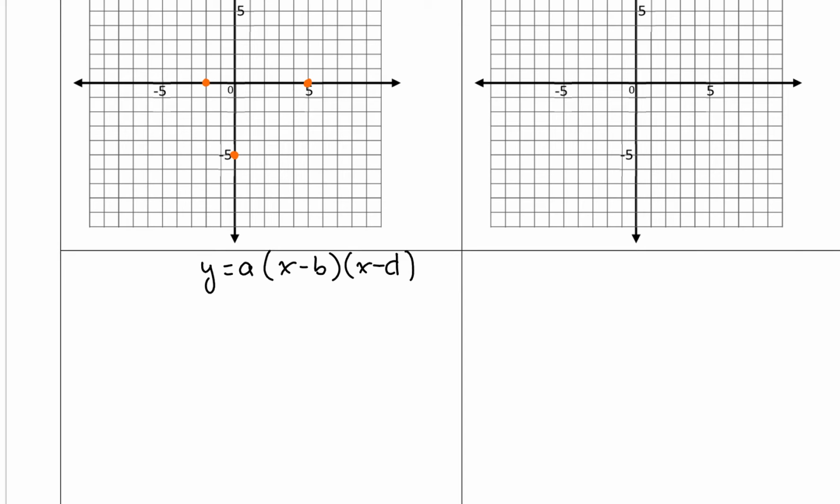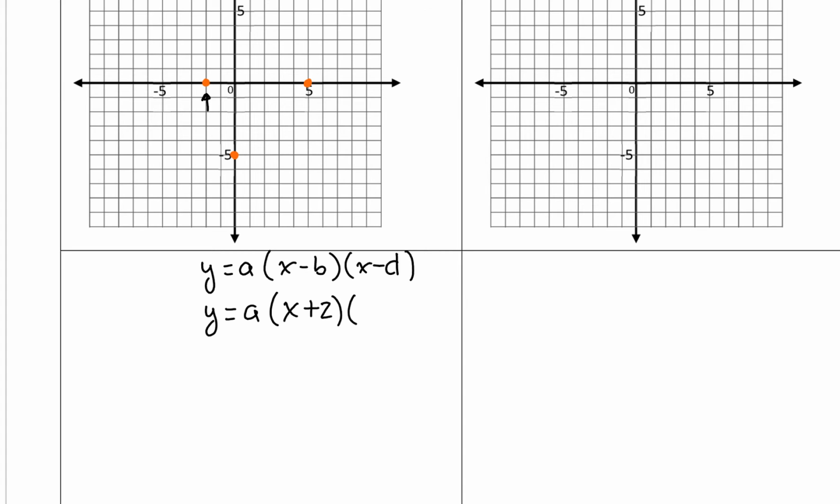I can plug in a lot of things pretty easily. I can write down y equals a, and I know one of my roots is at -2. So for this one, x is -2, so I'd write x minus -2, but instead of writing minus -2, I'm going to write plus 2.